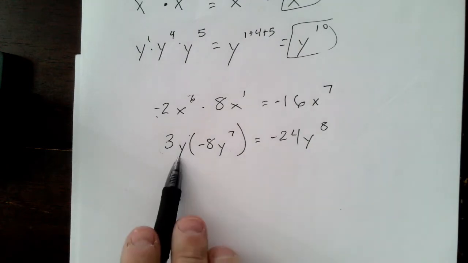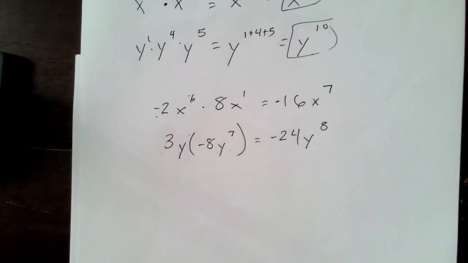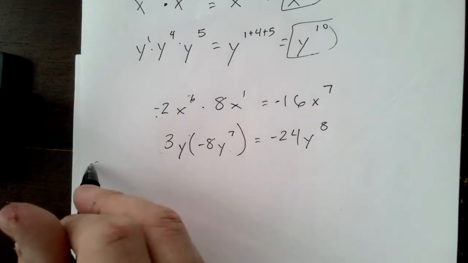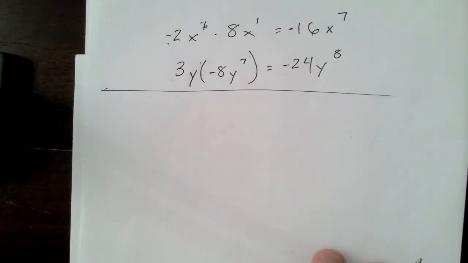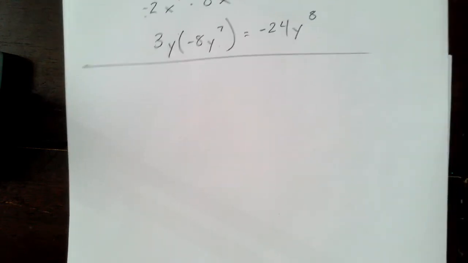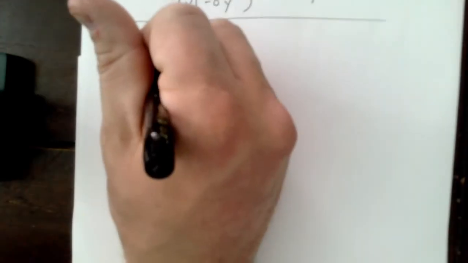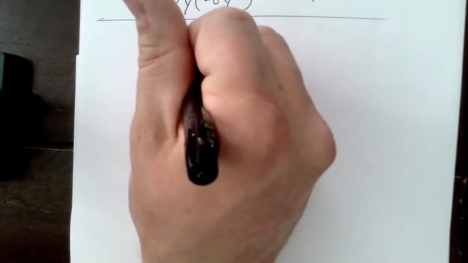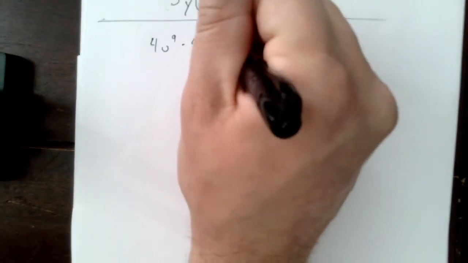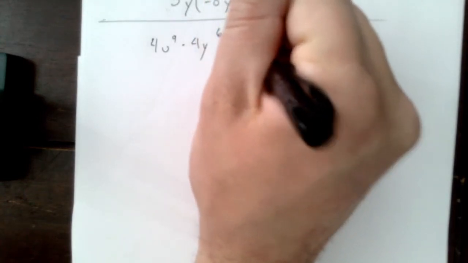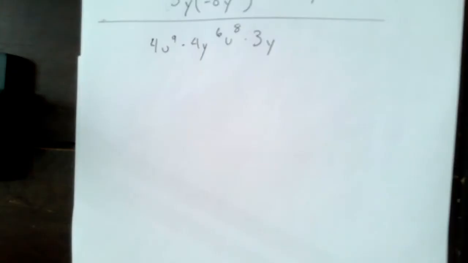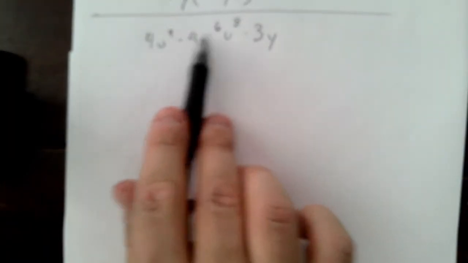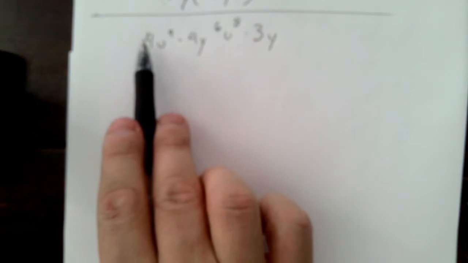Now, the reason why I keep saying the same bases is because we could see problems that may end up looking like this. So 4u to the 9th times 4y to the 6th, u to the 8th times 3y. The first thing we're going to do is multiply all the whole numbers, or all the integers.